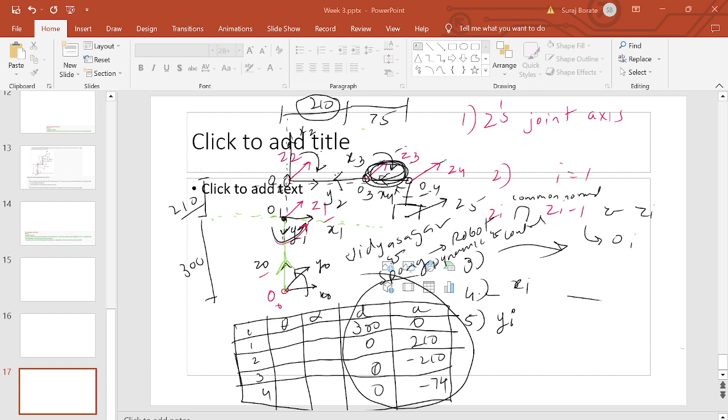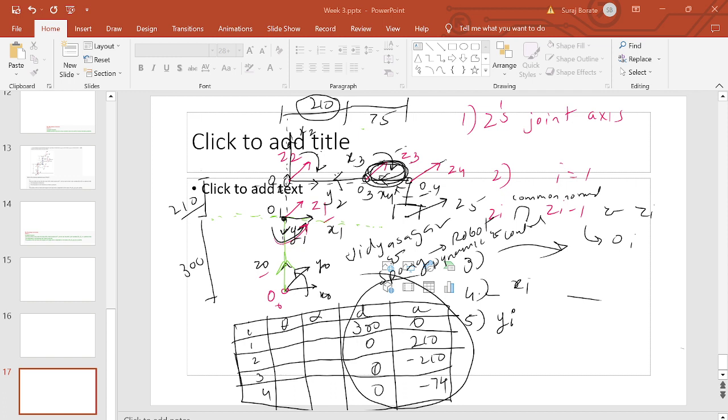But the challenge over here is, even for the simplest case, let's say a 2-link manipulator, to reach this particular position, how many ways can we reach? How many solutions are there of theta 1 and theta 2? Let's say this is theta 1 and theta 2.